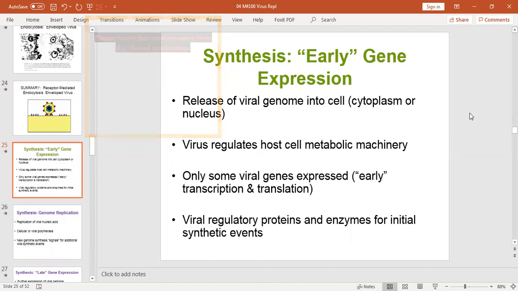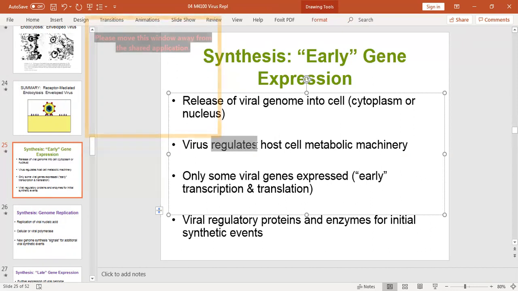Once the virus is inside of the host, it regulates, or in my opinion, a better word is hijacks, host cell metabolic machinery, and as a result of this hijacking, some viral genes are being expressed. These viral genes are expressed as a result of transcription of early messenger RNAs and early translation of those messenger RNAs.